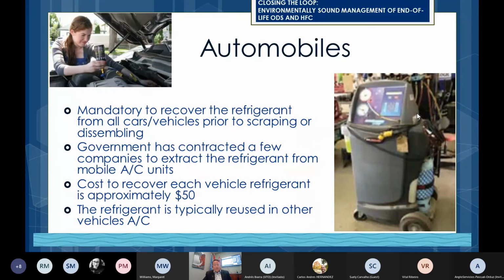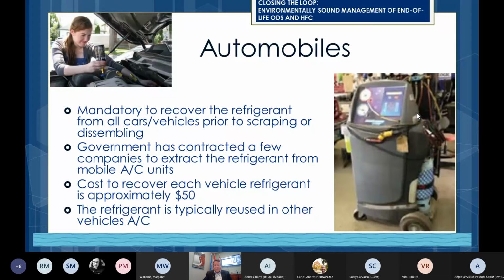Automobiles, there is a regulatory approach in our province where it's a mandatory recovery of refrigerant from all cars and vehicles prior to scrapping or at their end of life. And so the government, in fact, has contracted with various service companies to ensure that all mobile units have their refrigerant recovered. That refrigerant, in turn, is sent for repurposing, for recycling, and or ultimate disposal, which includes incineration.